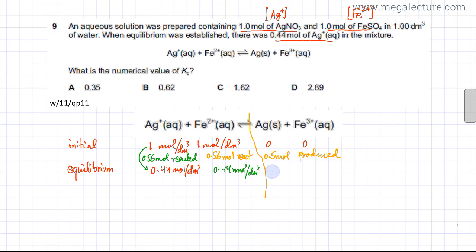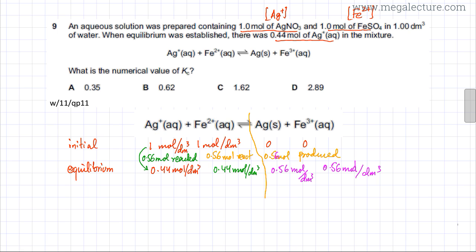Initially you had 0 moles, so at equilibrium, the moles of silver solid would be 0.56 moles, and Fe3+ would also be 0.56 moles. So I've been able to figure out the equilibrium concentration. Remember, it's a 1 dm³ solution, so the concentration is by default 0.56 mole per dm³. So I've been able to figure out the equilibrium concentrations: 0.44 mole per dm³ of Ag+, and Fe2+ is the same concentration.